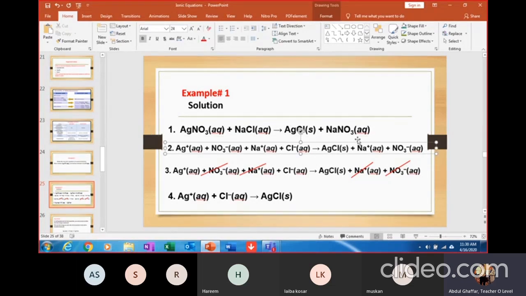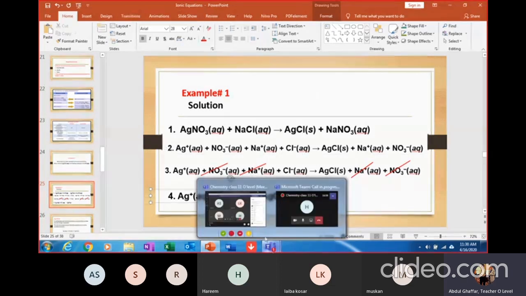And the sodium and nitrate are in ionic form. Then the third rule: cancel out the spectator ions which are the same, which do not take part in the chemical reaction. Nitrate and sodium will be cancelled out. They are the spectator ions. Without spectator ions, this will be the net ionic equation.